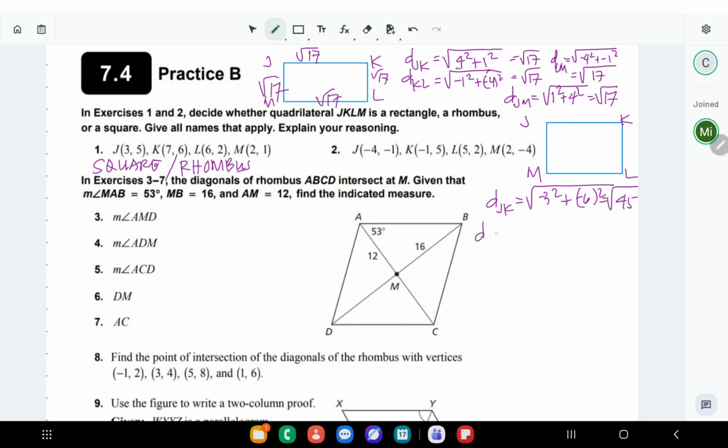Okay, distance from K to L. This is how you do this: 4 squared plus negative 4 squared, 16 plus 16, 32. Then LM, square root of 3 squared plus 6 squared, so this is square root of 45. Then JM.